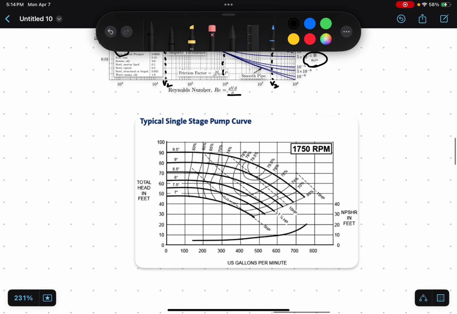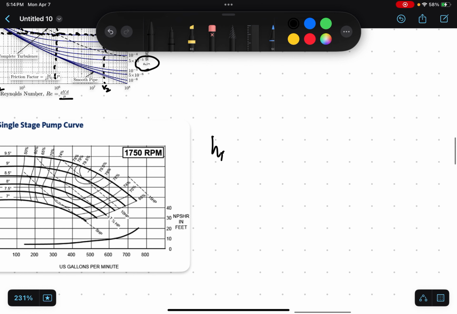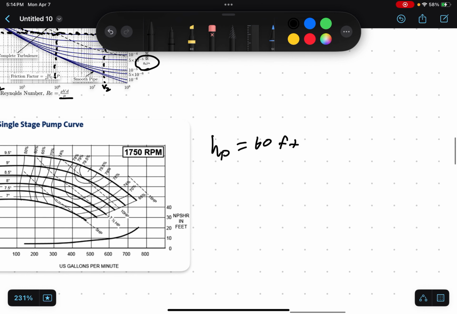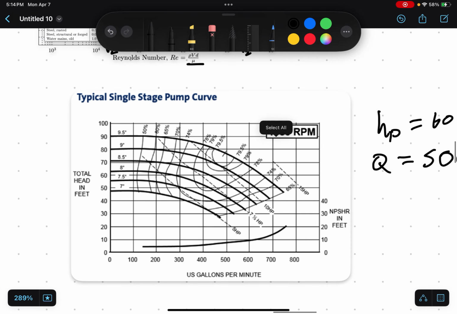So you come over to your pump curve. This is a pump curve. 60 feet equals 500. Okay, so where does that land us? That would land us right here, right there.